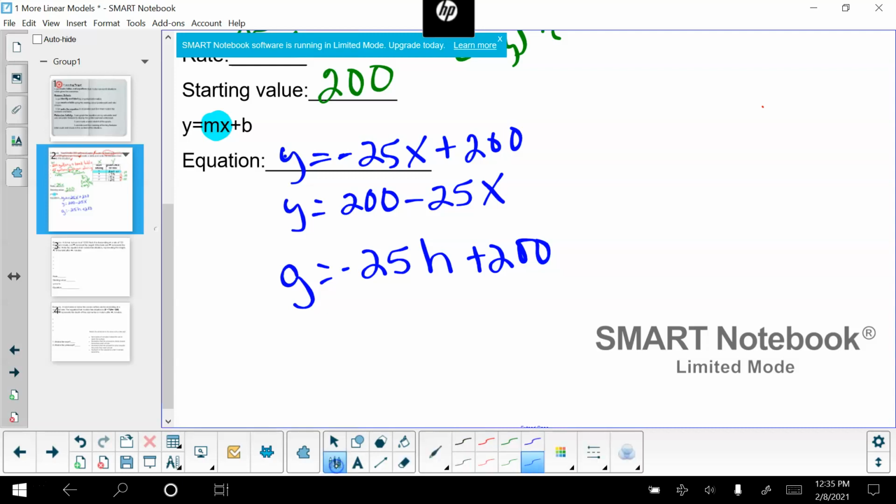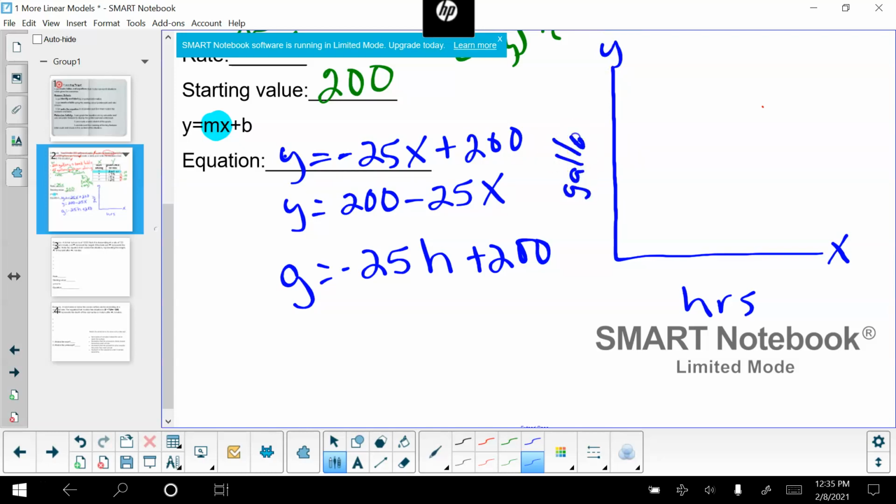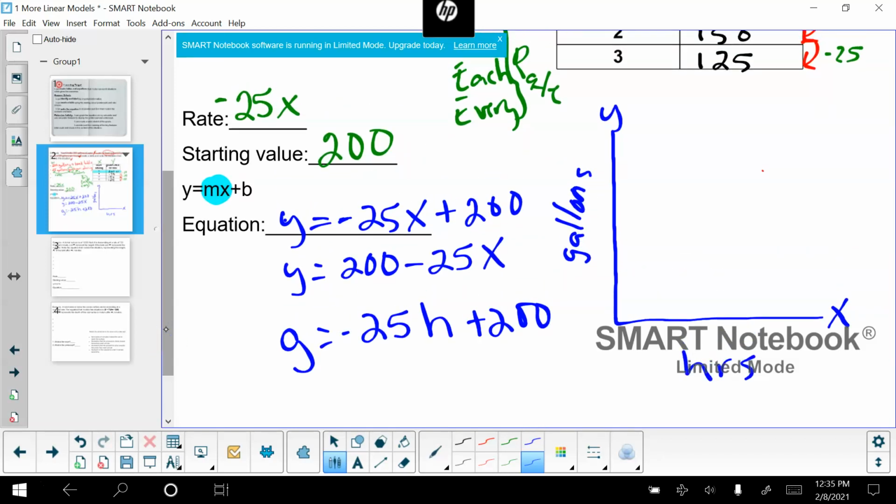Now we're also going to create a basic sketch. So here's my x-axis, and I know that the x represents the hours. Here's my y-axis, and the y was representing my gallons. And I also know my y-intercept, because remember, this b value, I'm going to do it in a different color. This starting value, this b, is my y-intercept number.